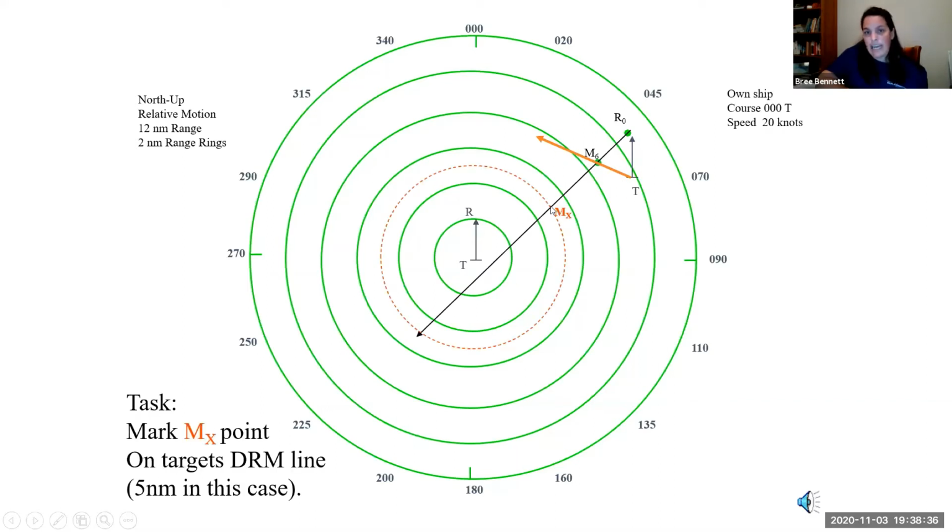And if we have this case, maneuver when they are 5 miles away, this is our MX. If we wanted to keep a 2-mile CPA, we would draw our relative motion line, our RML, bending it from our MX to a tangent, our given CPA. But that's what we're going to do next week.